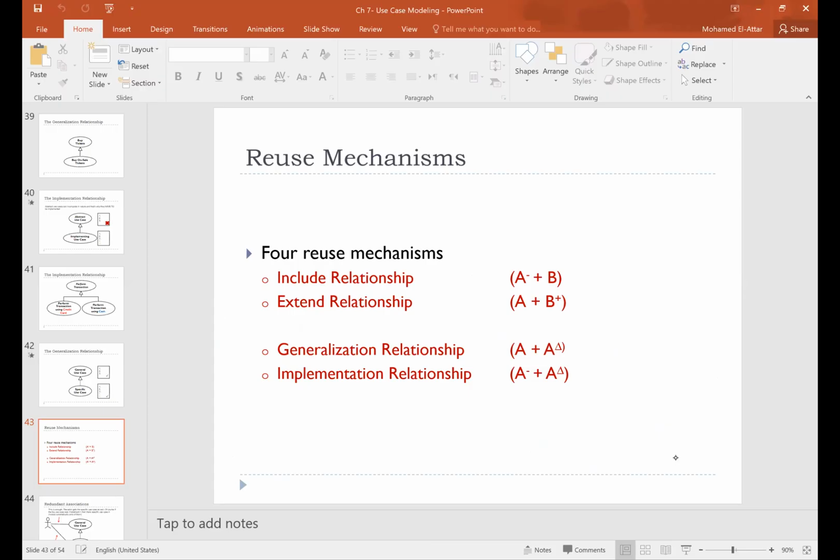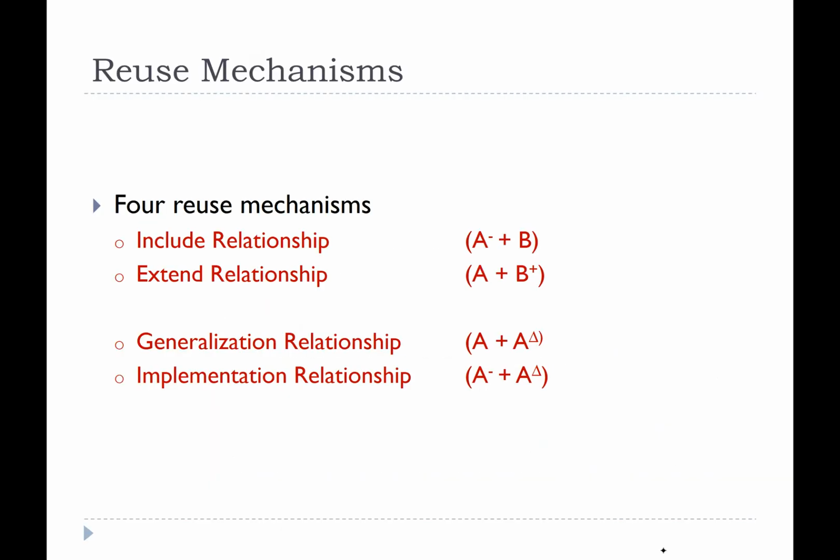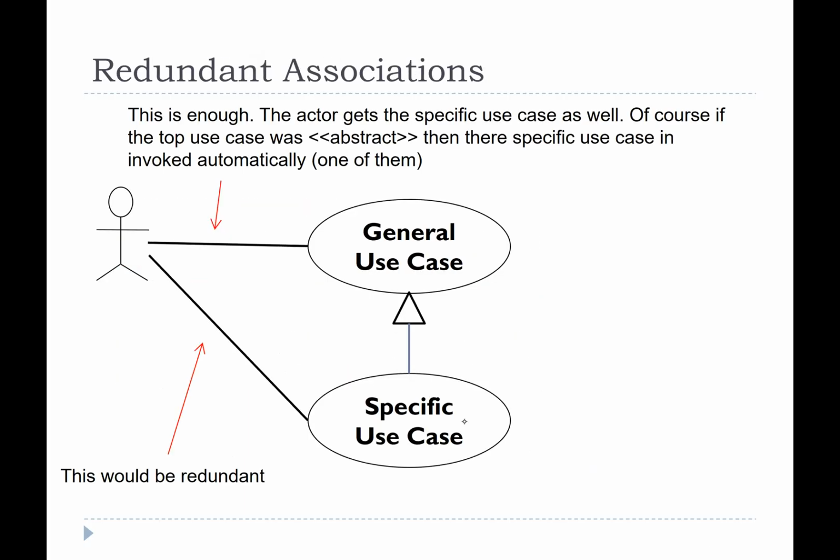And so back over here. Now I'm going to focus on something called redundant associations. In a situation like this one, I have the general use case and I have a use case at the bottom. It's inheriting everything from the general use case. I could reach the bottom use case through the parent.